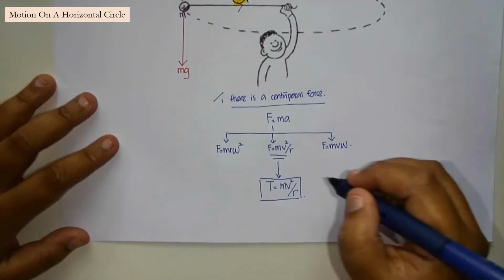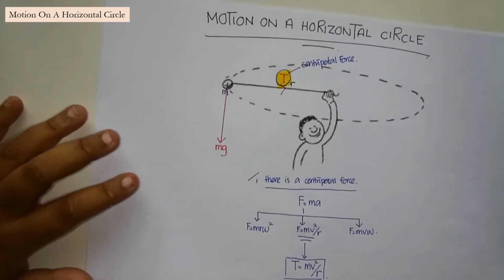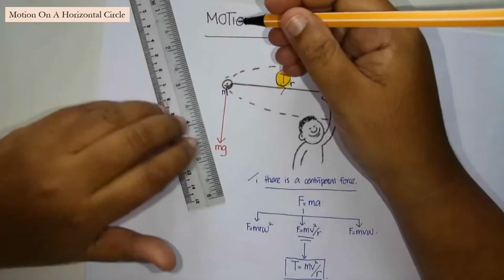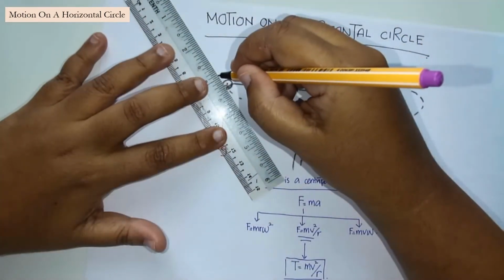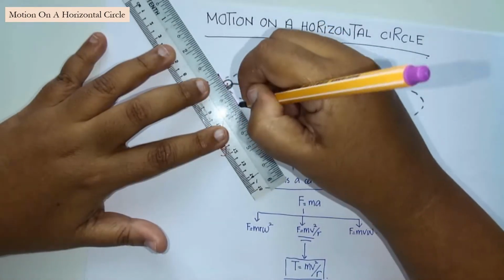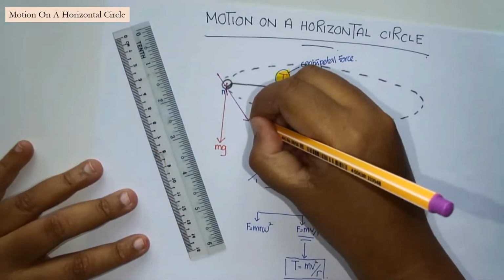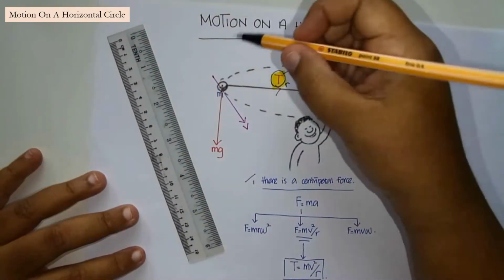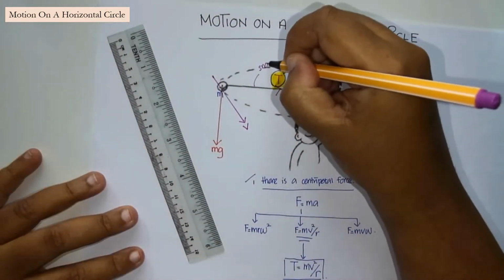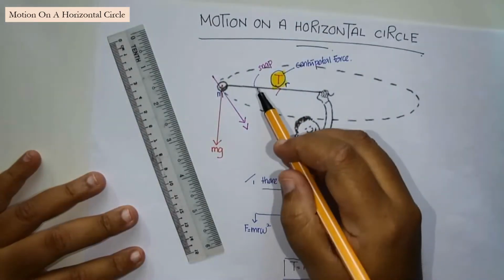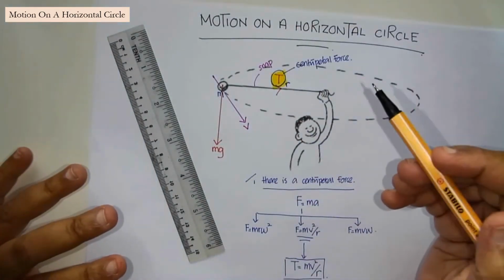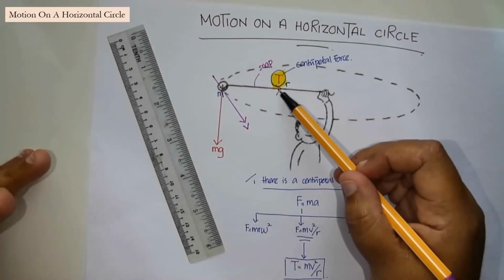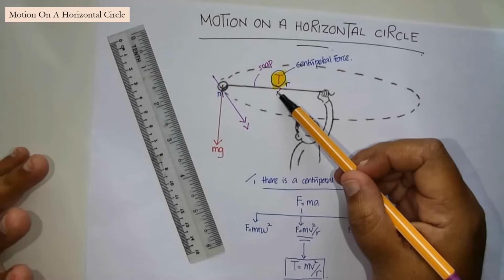What is v? v is the speed of the stone, which I'm going to draw here, in this direction, which is tangent. Just say in case the string snaps, that means there is no resultant force on the stone, so there is no tension exerted on the stone.